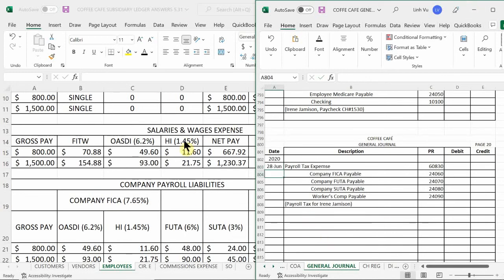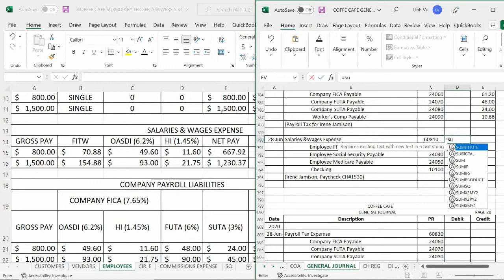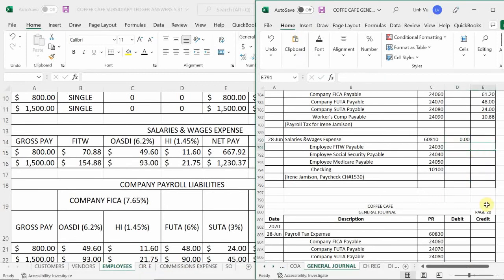Okay, so let's start with Tim's paycheck information here. So how much FITW? It's 154.88.